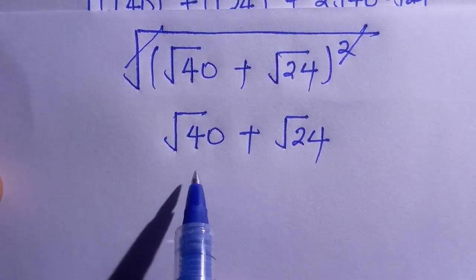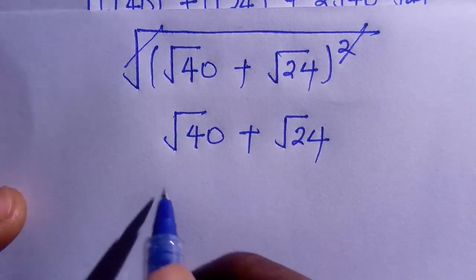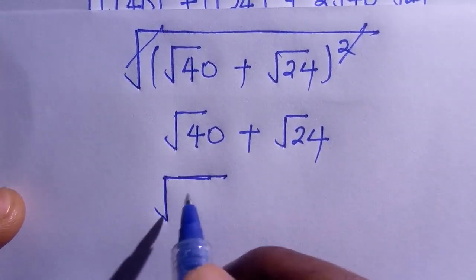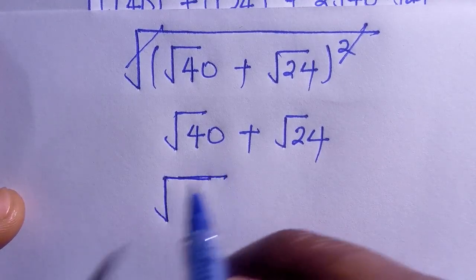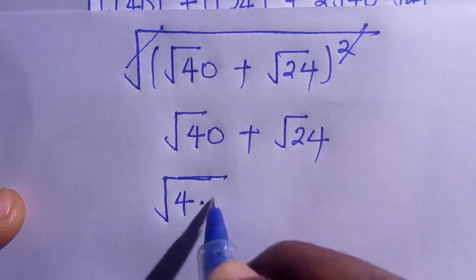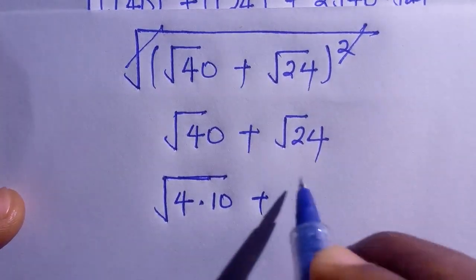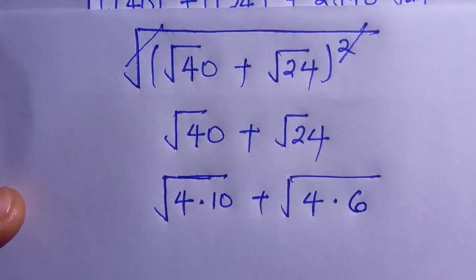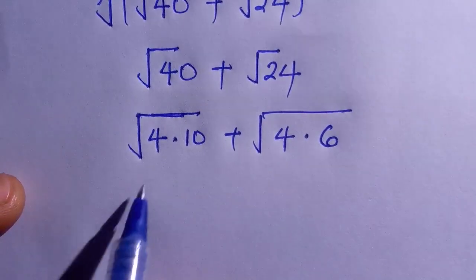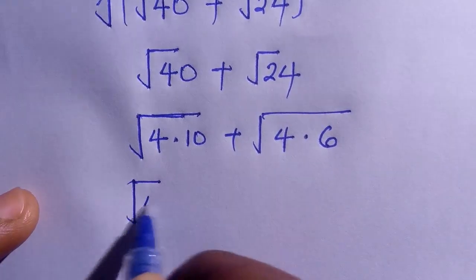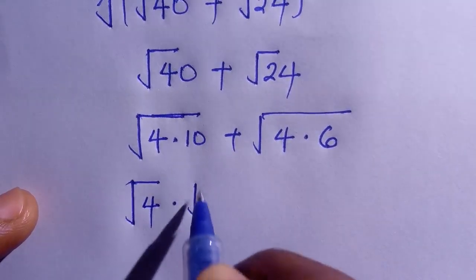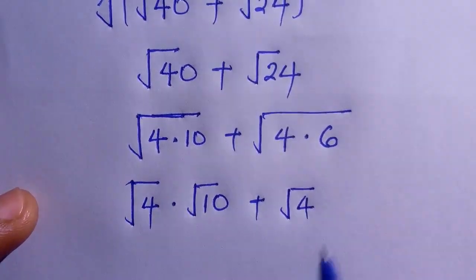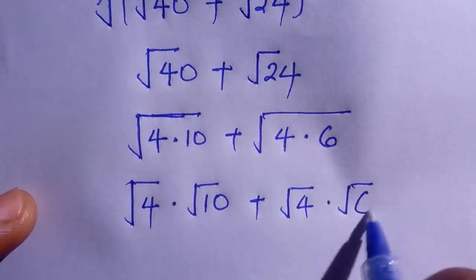But here we can still reduce this, such as the square root of 40, so we can call this one 8 multiplied by 5, or we have it as 4 multiplied by 10, plus here is the square root of 4 multiplied by 6. And we can separate this one as square root of 4 multiplied by square root of 10 plus square root of 4 multiplied by square root of 6.